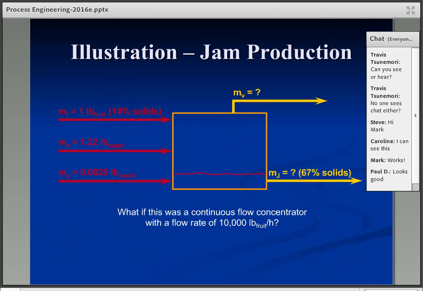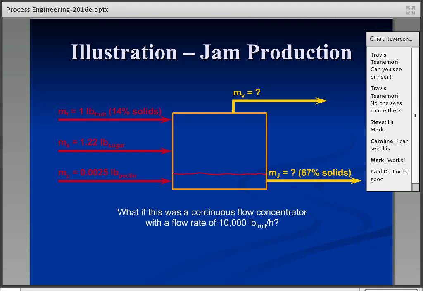And I guess I don't have a slide for the answer, but the difference is all 5 of those masses would become mass flow rates, because if the fruit coming in is coming at a rate, the other things are going to have to come in at a matching rate, and the outflow would all be at a rate.